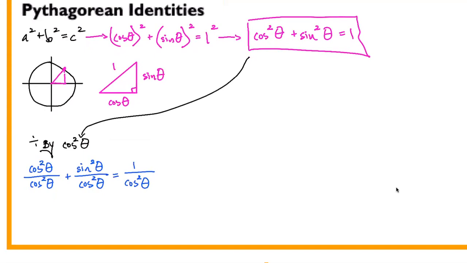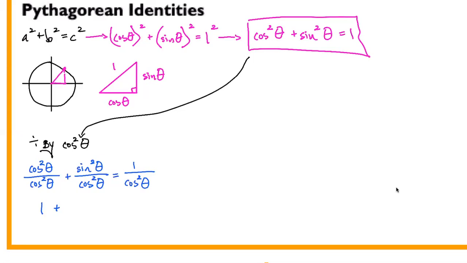Now I want you guys to help me reduce. What does that first term become? 1 plus tan squared equals secant. Very nice. So I think we all get cosine squared divided by cosine squared equals 1. To make it a little bit more clear, I have sine divided by cosine.